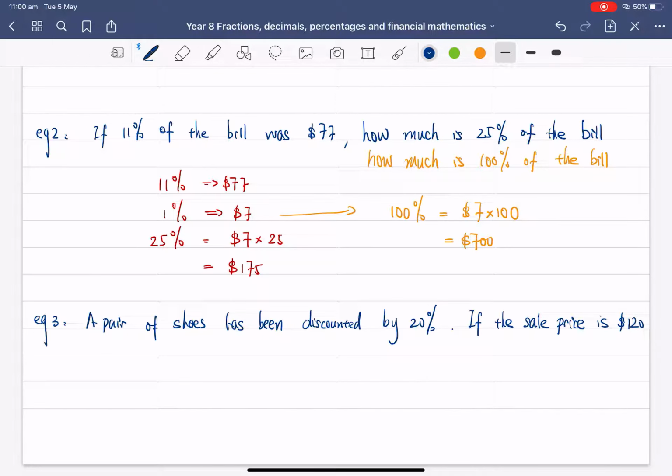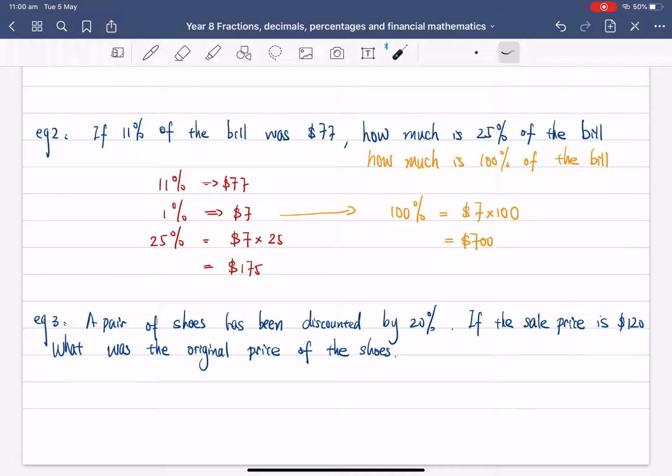The question asks what was the original price of the shoes? So how do we do that?